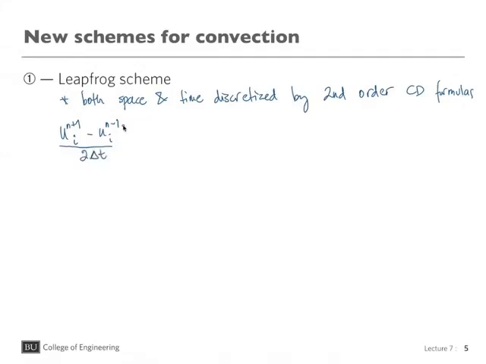This is our second order central difference for the time derivative, plus c divided by 2 delta x, and our usual central difference here, u_(i+1)^n and u_(i-1)^n, equal to 0.